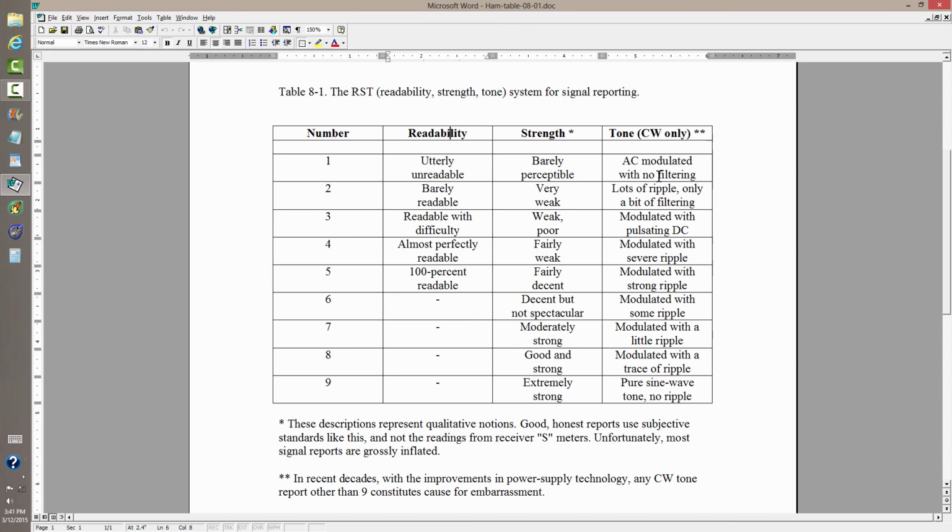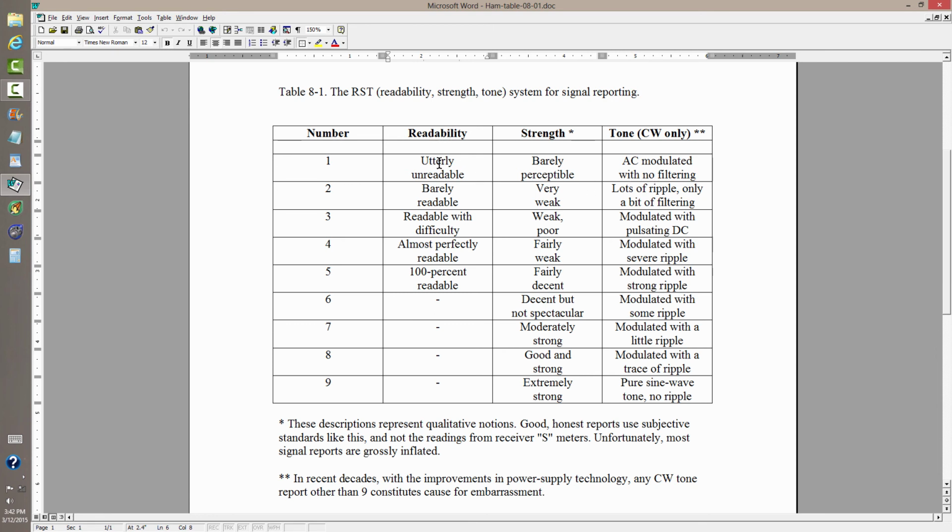There's no reason to have that these days. The old tone reporting system contained a lot more variety. In my opinion, it was a lot better and more descriptive because it contained defects that still occur from time to time, such as a musically modulated note and things like that.